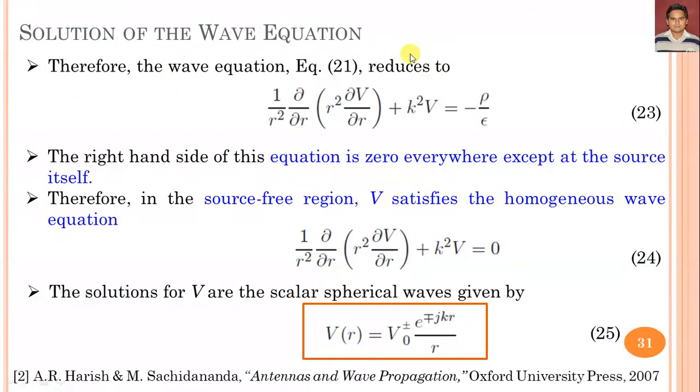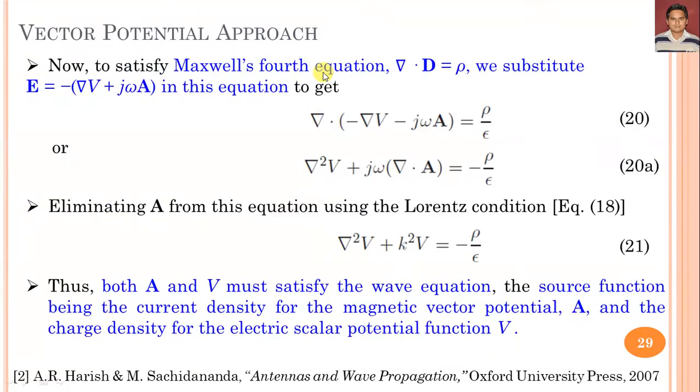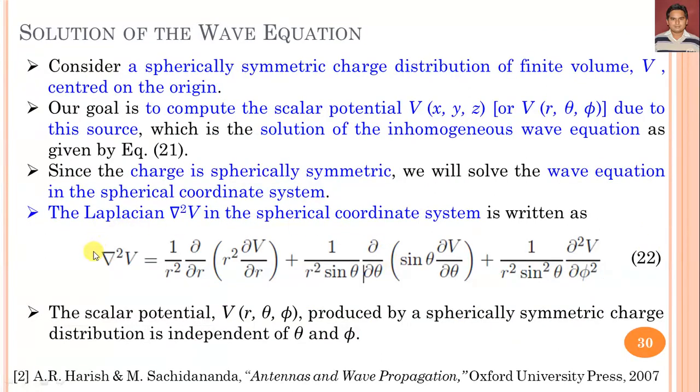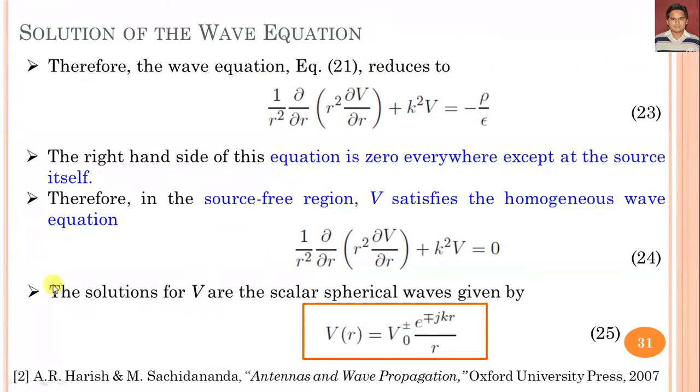So the wave equation 21 can be reduced. This is equation 21, and we are considering it using equation 22. Then we are getting the wave equation in terms of spherical coordinates: 1 by r square del upon del r of r square del V upon del r plus k square V is equal to minus rho by epsilon.